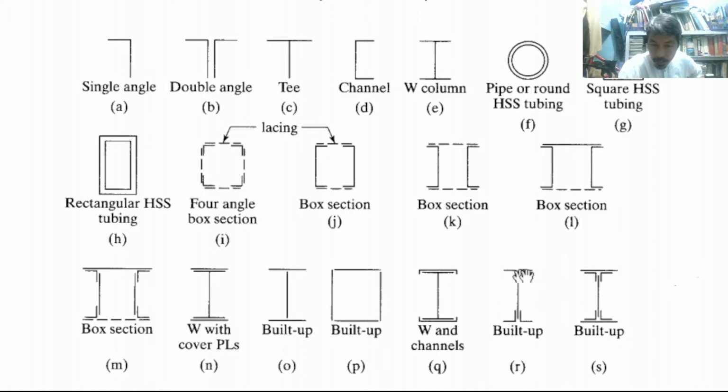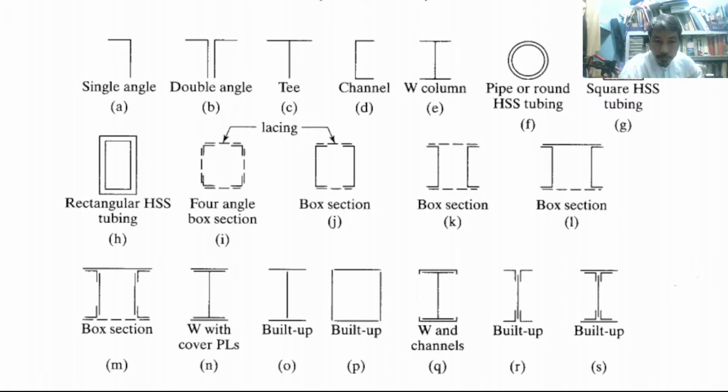The 4 angles function as flanges, and a plate functions as the web. Another built-up section is similar to this one, but you add another plate on the top and bottom flange.